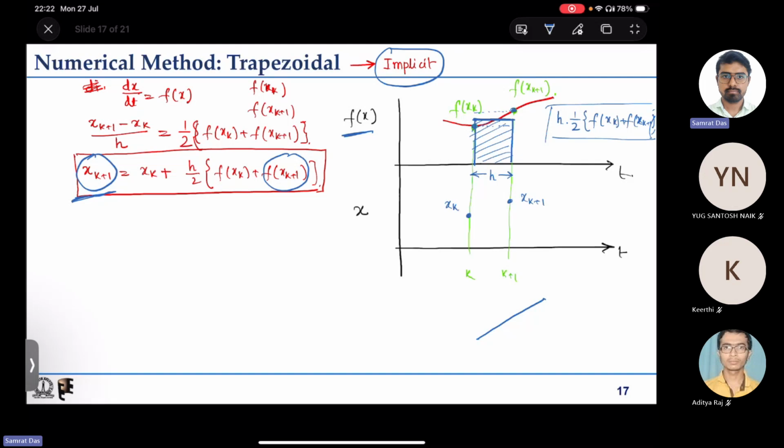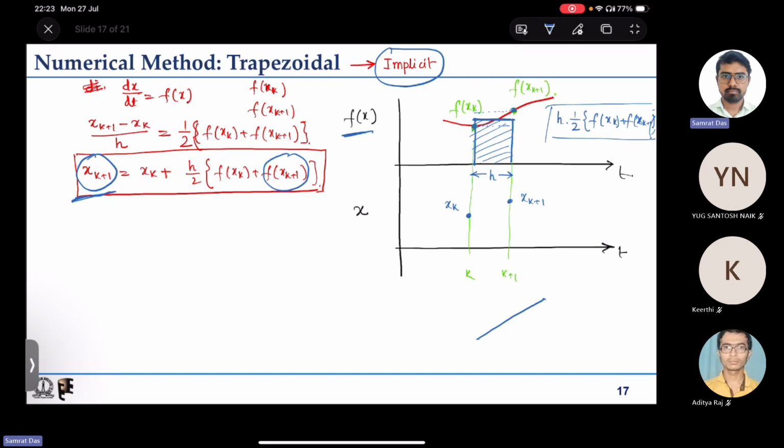Even if we are transforming our differential equation to a difference equation using an approximated expression of integration, if our f(x) varies linearly, then it is perfect, there is 0% error. But in case it is quadratic or higher order variation in f(x), there will be some error, but obviously it will be lower than whatever we could obtain through forward Euler or backward Euler methods.